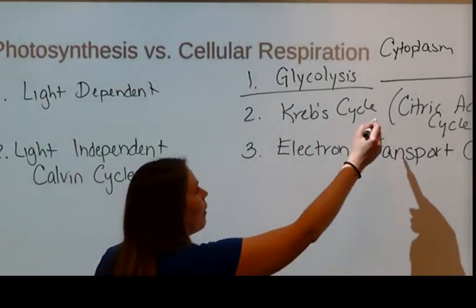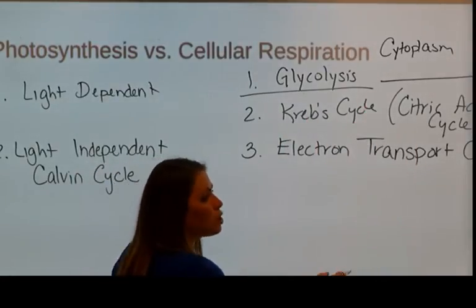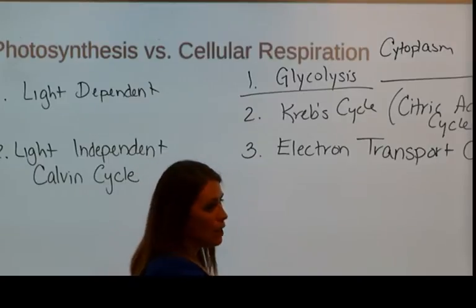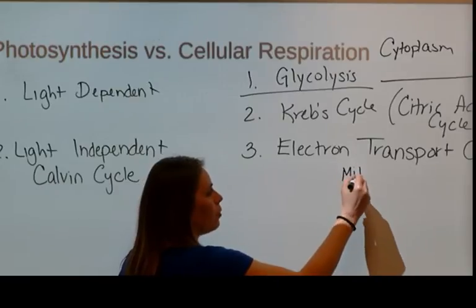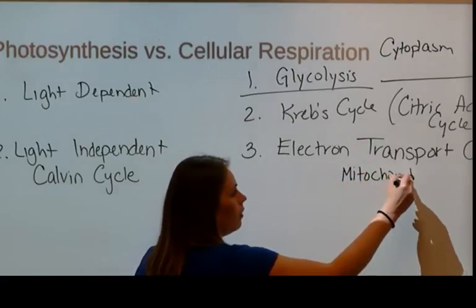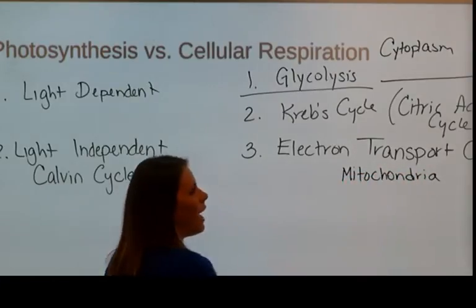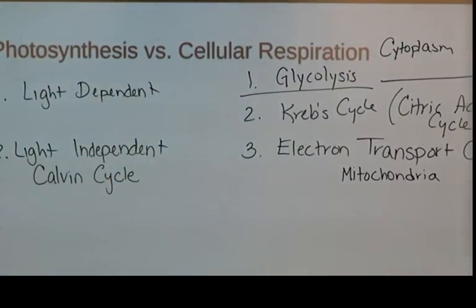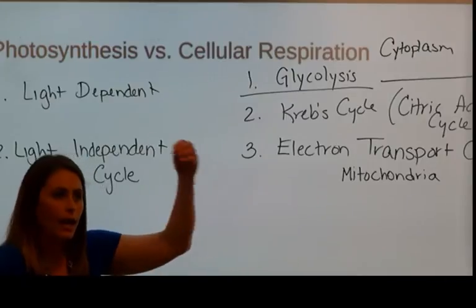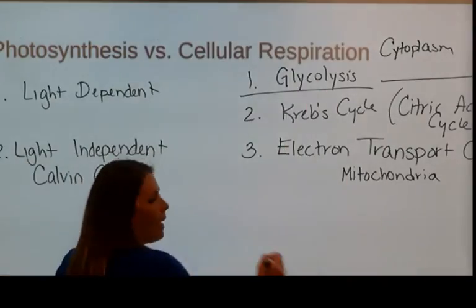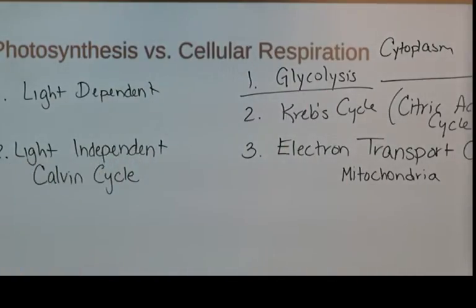And then we have the Krebs cycle and the electron transport chain that has to be eukaryotic because this takes place inside of our membrane-bound organelle, the mitochondria. Okay? So when I write the steps down, by drawing a line in my mind, I remember all the different separation from that then.